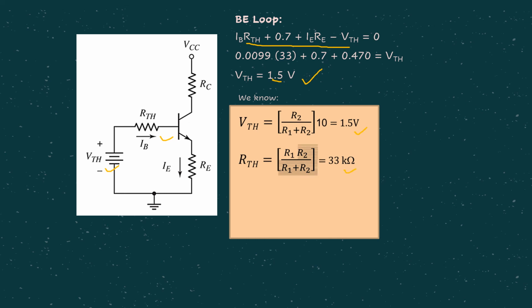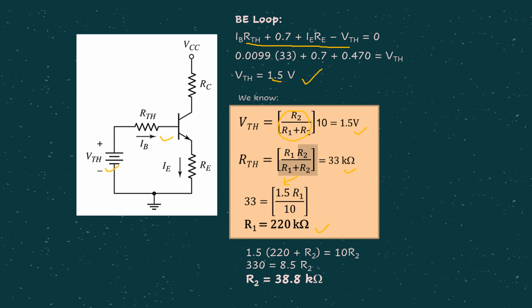From there R2 over R1 plus R2 is equal to 1.5 divided by 10, isn't it? So we can substitute accordingly, 1.5 divided by 10 times R1, which is equal to 33 kilo ohm. If you substitute, we're supposed to get R1 equals 220 kilo ohm.